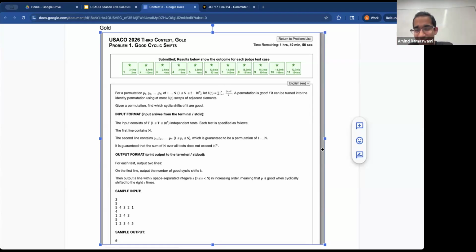I think USACO is trying to reduce people using an LLM or GPT.